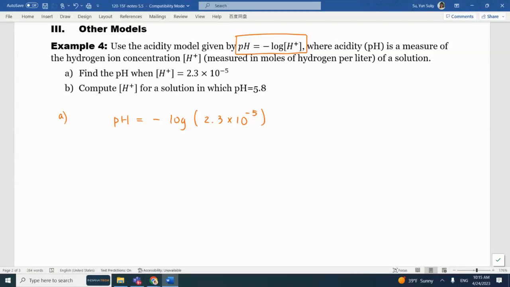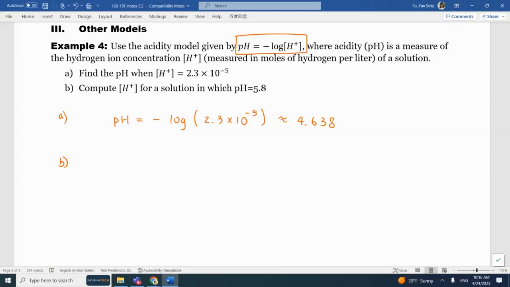Do you get 4.638? Yes. Do you have a scientific calculator? This is a graphing one. Okay, so usually if you see a big screen, that's probably a graphing calculator. 4.638. Okay, so that is part A.